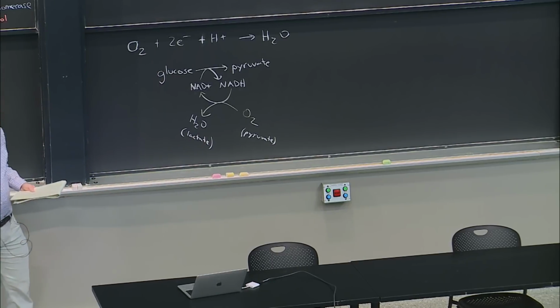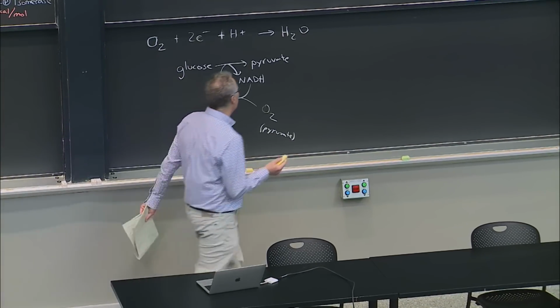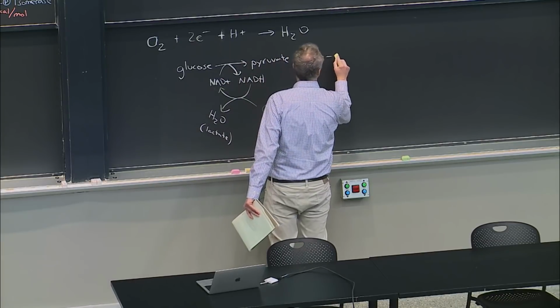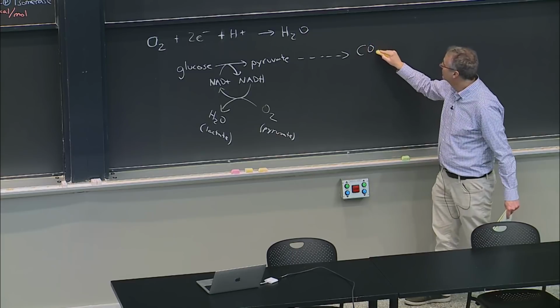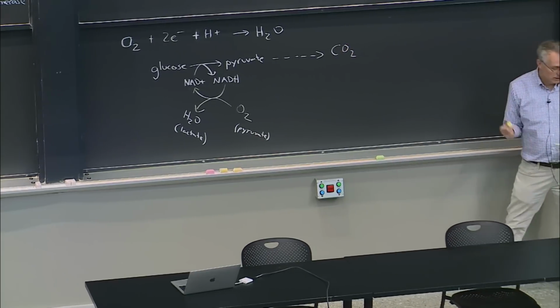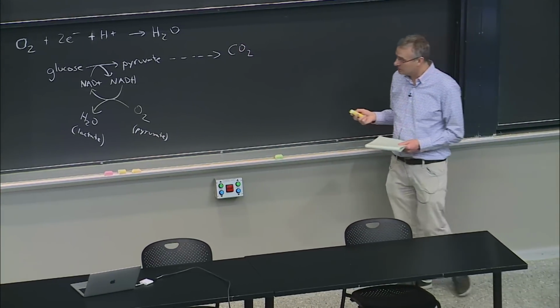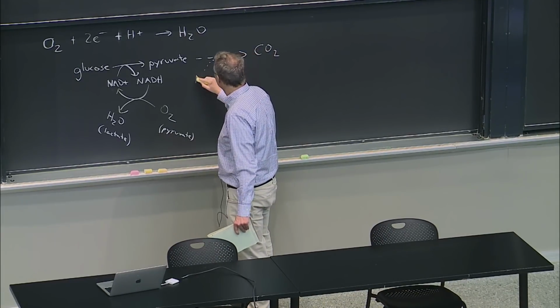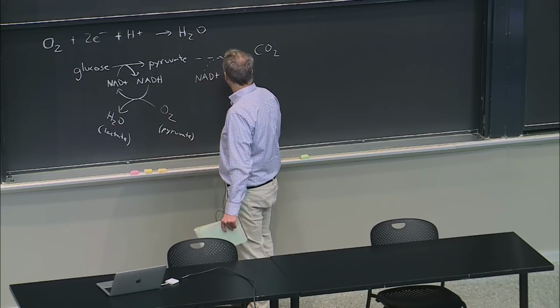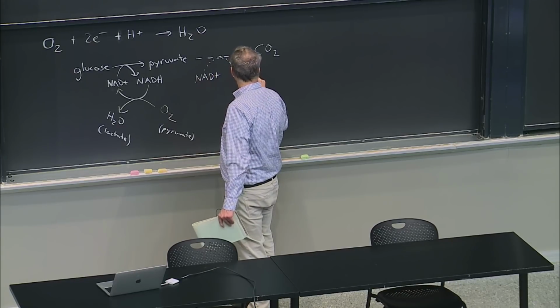It should be clear that if we want to completely oxidize glucose, as in burning wood, that is, turn all the carbon in glucose into the most oxidized form of carbon, CO2, this also requires places to put electrons.